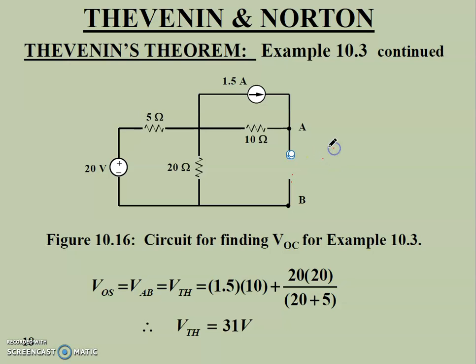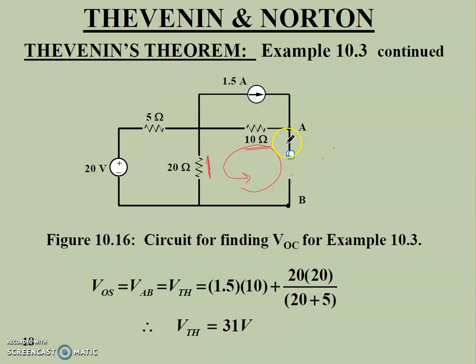If we remove this path, then by applying mesh analysis or KVL, we can calculate the drop across this 10 ohm resistance and this 20 ohm resistance. Whatever the voltage drop is will be VAB, the open circuit voltage.